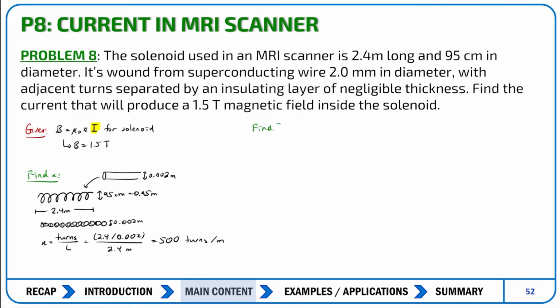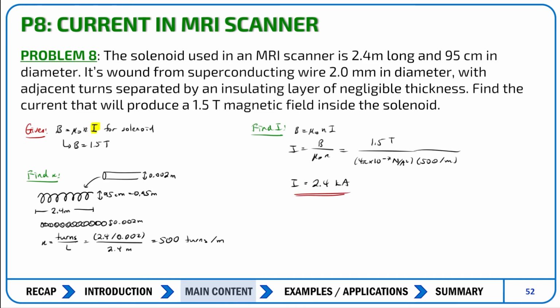We're going to find I. I is just this equation rearranged: I is equal to B over mu naught N, which is 1.5 T divided by 4 pi times 10 to the negative 7 newtons per amp squared, times 500 turns per meter, and I get I is equal to 2.4 kiloamps. So that is how much current is required in order to create a 1.5 Tesla magnetic field inside the coil.